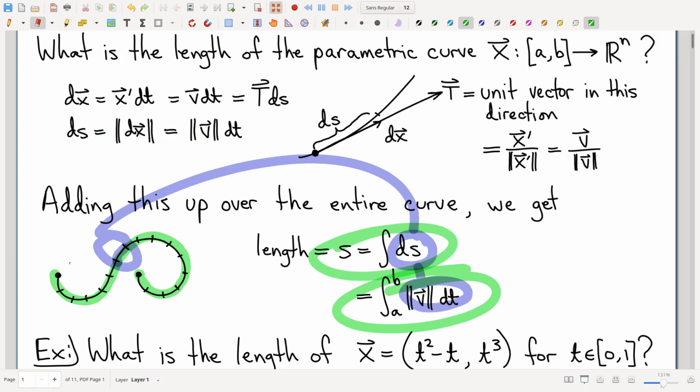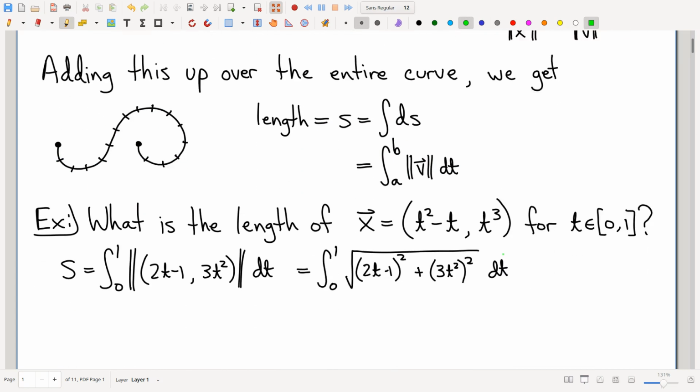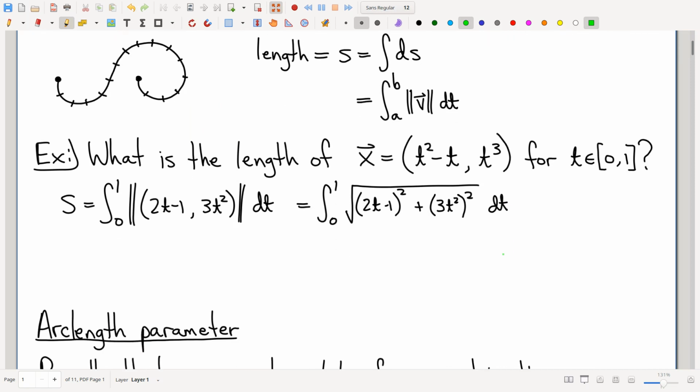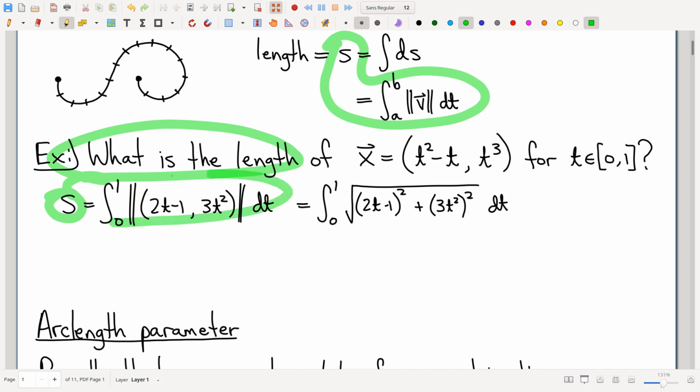So the example here is extremely plug and chug. It's just very straightforward, so I'm going to be super quick with this. But the question is to find the length of a certain parametrized curve, with the parameterization given. And notice all I'm going to do to compute that length is just copy this formula right there.